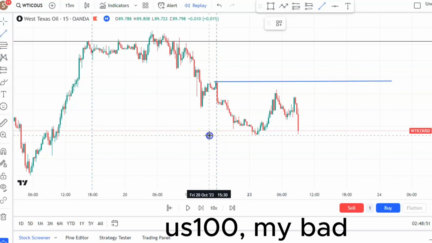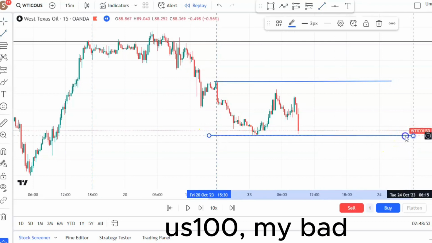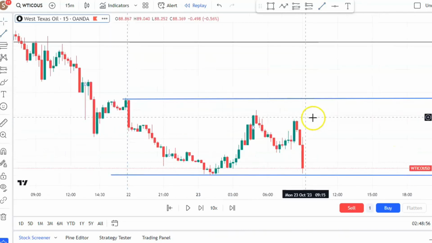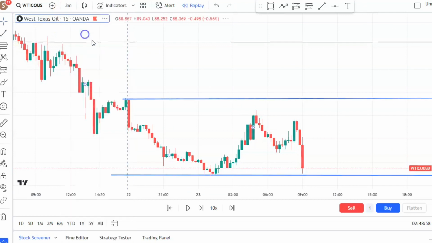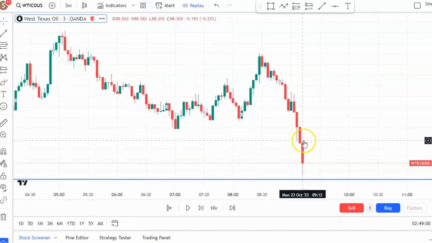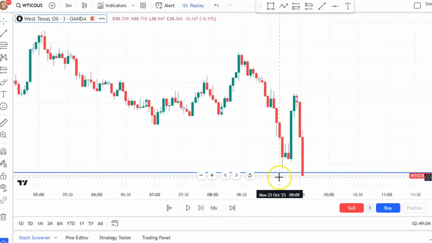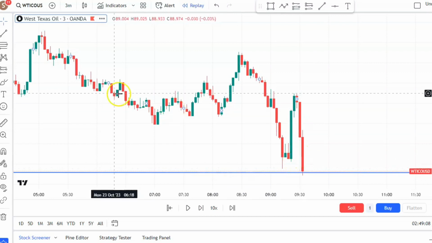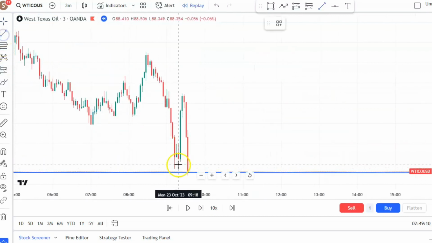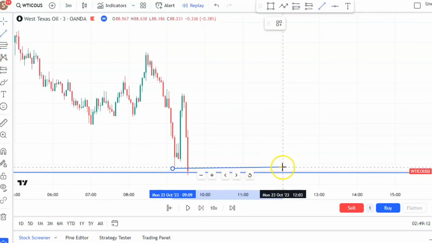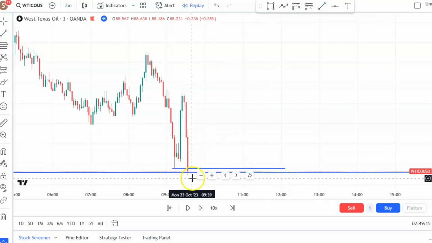So we wait. And if we are selling, all right, we have that breakout at 9:30. So this was the most recent low. If we are selling, price breaks out of that low.